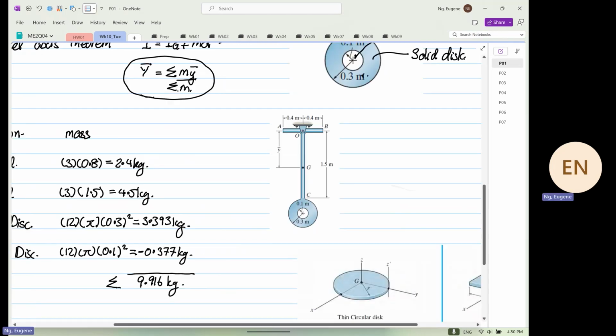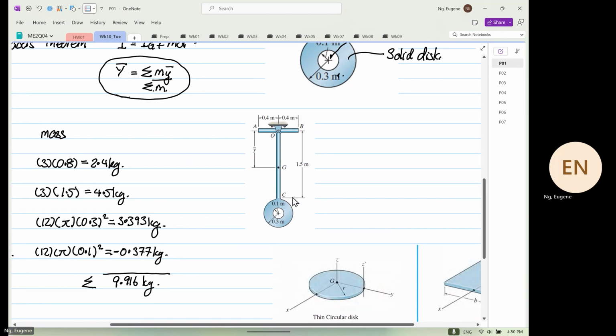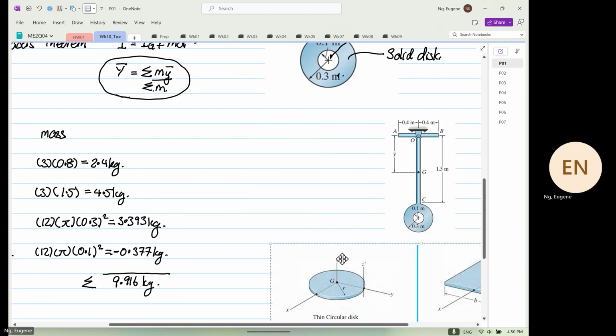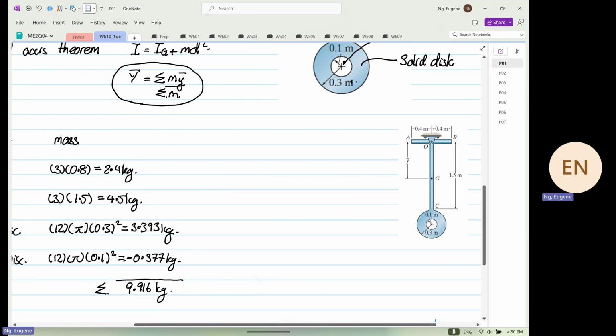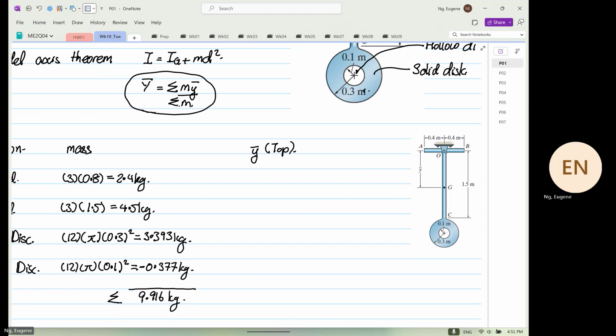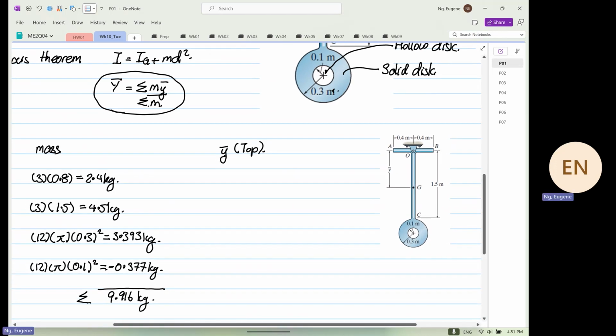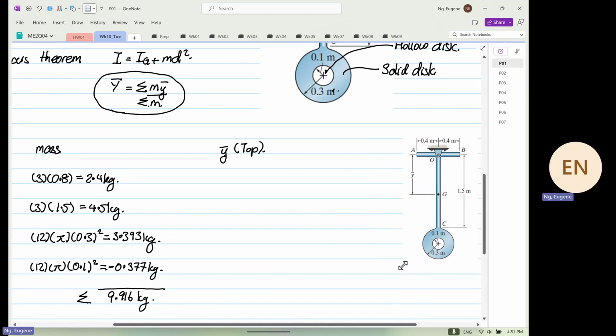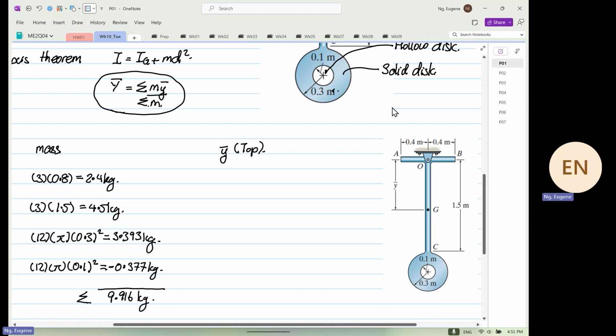So the next thing that we're going to do now is compute Y bar from the top. Y bar from the top means we are going to take the datum from the top.